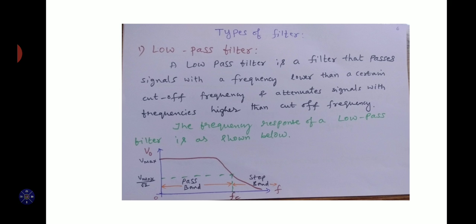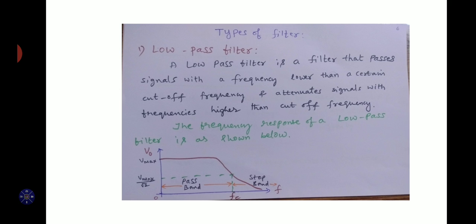So you can see a graph plotted voltage against frequency. We can plot a graph of gain versus frequency also. In this graph, V0 is the output voltage, F is the frequency, V maximum is the maximum output voltage.